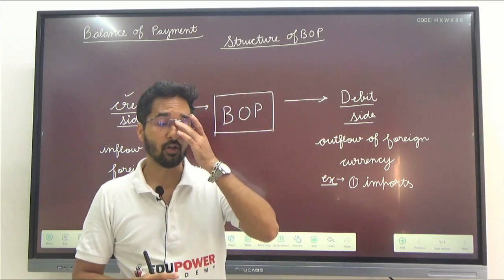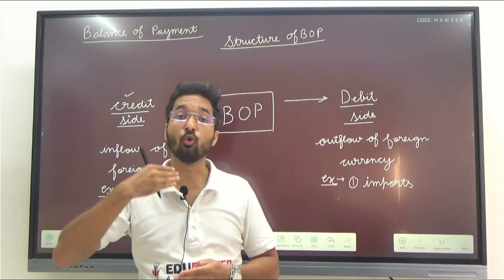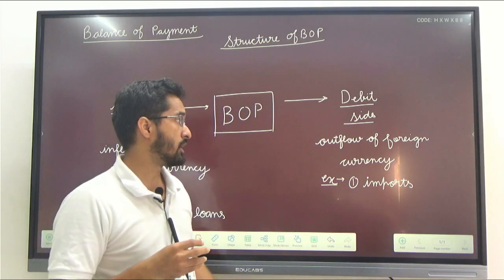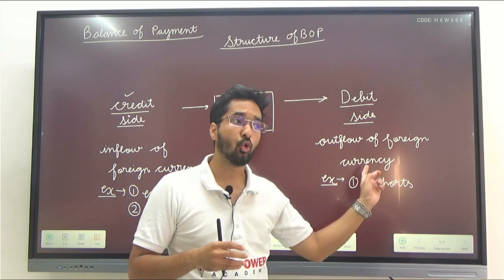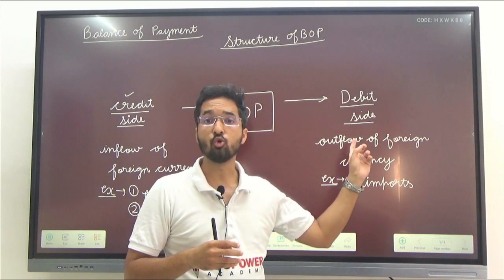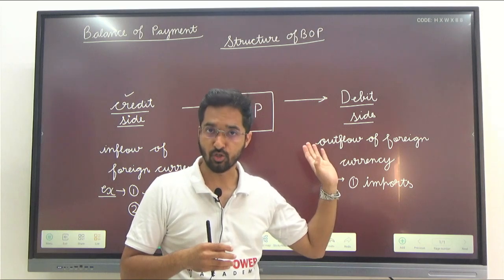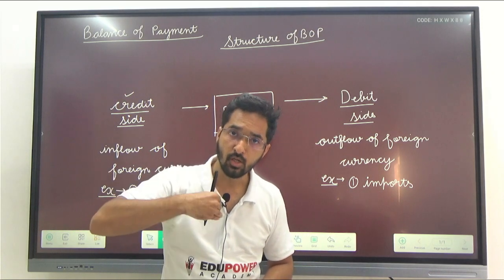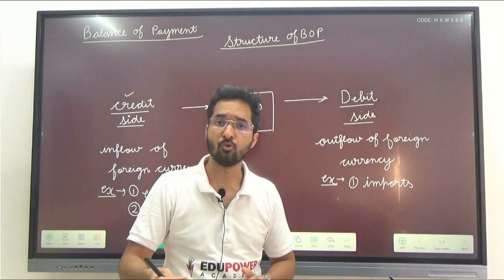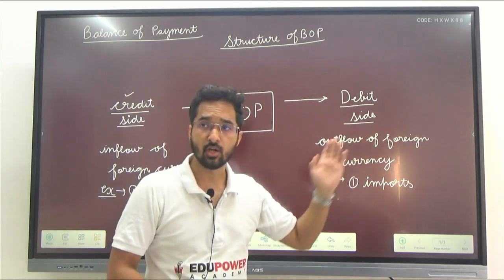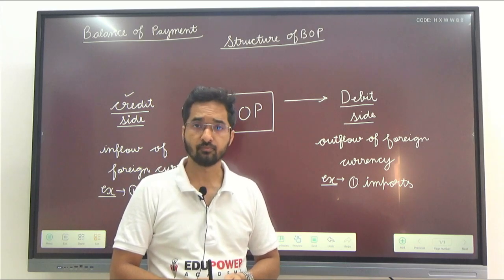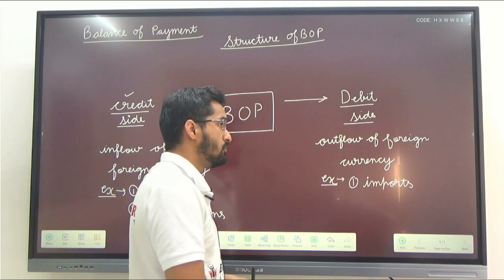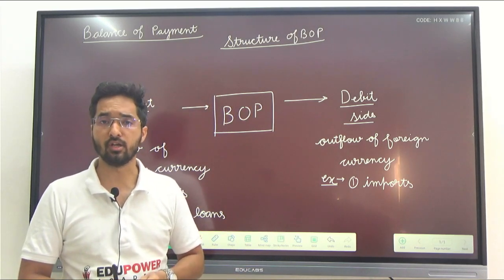So effectively what has happened? Money has flown out of India, or rather I should say there is an outflow of foreign currency, an outflow of dollars from India. So whenever we import something, it is registered on which side of the BOP? It is registered on the debit side of the balance of payment. Means money has flown outside India.